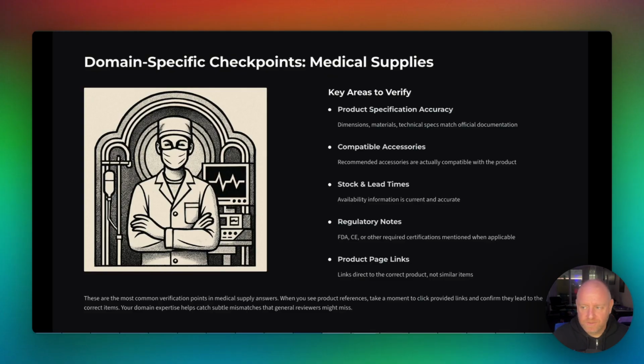Did it recommend accessories, and are those actually compatible with that product? Is it the most up-to-date information? Were there any regulatory notices, like for instance FDA, or any sort of certifications that may have been mentioned or that you would expect to be in the analysis? And then, of course, any direct links that are in the response, make sure you check those as well.